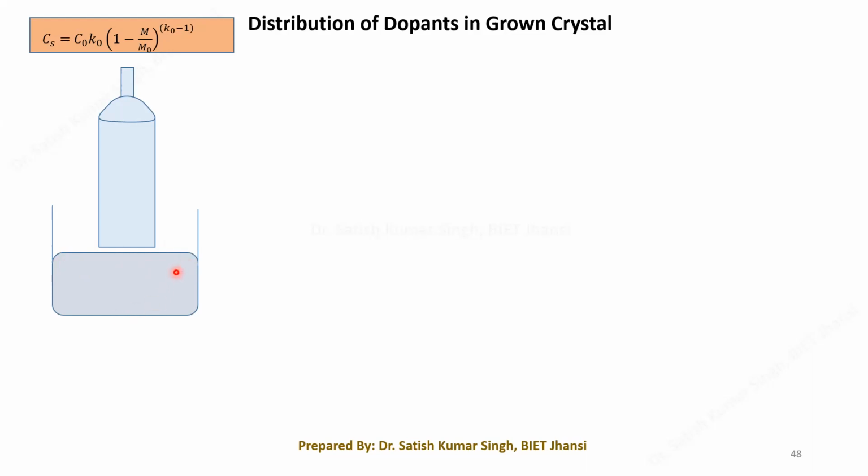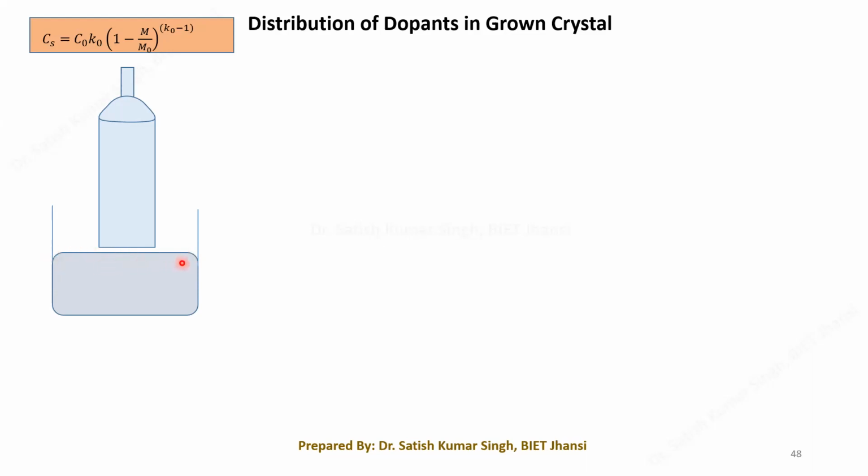Initially it had a value equal to C naught, the entire melt had C naught, but when we start pulling this crystal, then because K naught is less than 1, some of the dopant is rejected, and because it is rejected at the top layer, at the top surface here, this top layer will become progressively more concentrated in dopant.